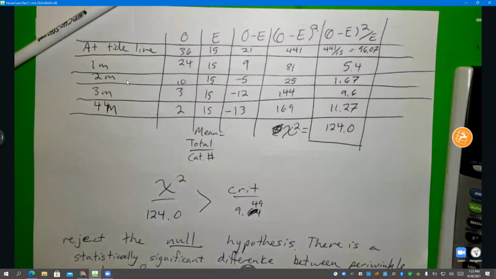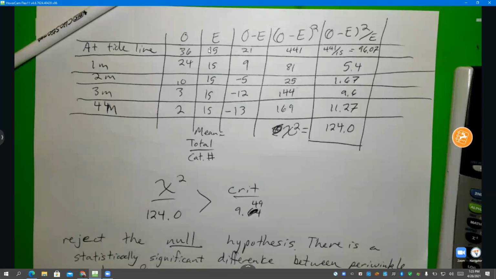All right. So these were the observed numbers, right? At tide line, each of these meters above the tide line. And a big part of getting these questions right is figuring out what the expected is. I'm going to give you a problem where the expected is not this way. But if you don't know what the expected is, you should find the overall mean of whatever you're looking at relative to the total.